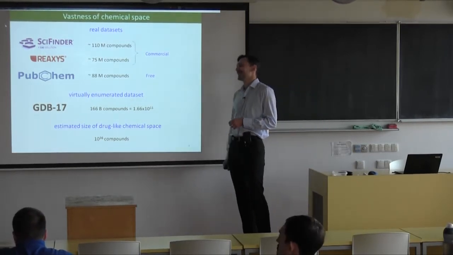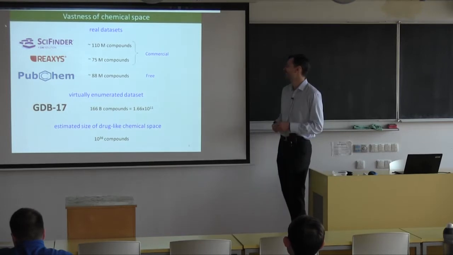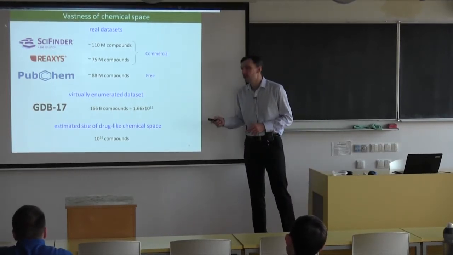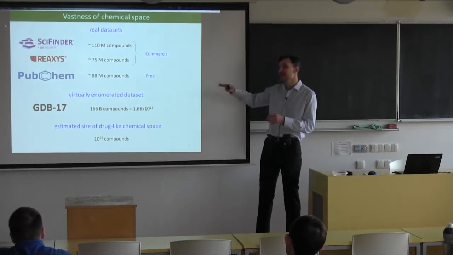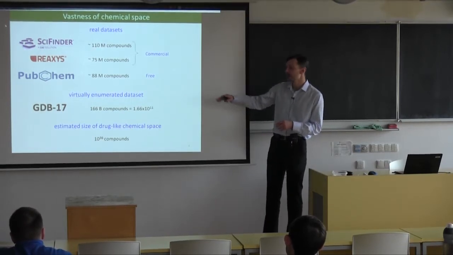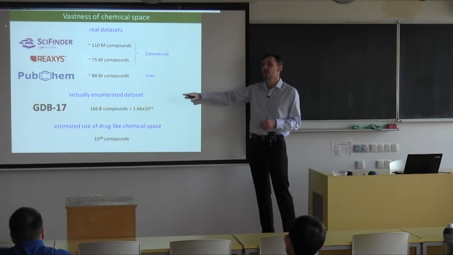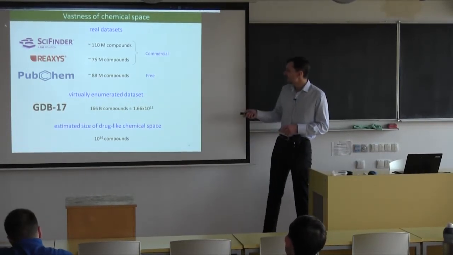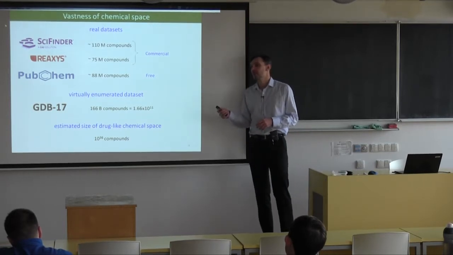Yes, actually, thanks, Carl. This is quite a famous group. They started to develop, for example, GDB-11, 13, and now 17. This is the most comprehensive virtually enumerated library to date, and it contains 100 billion compounds.